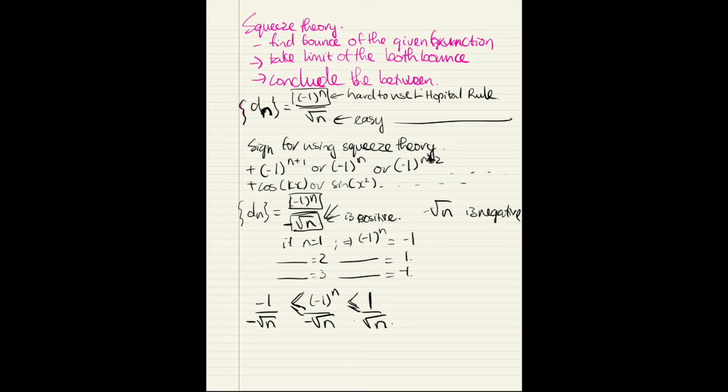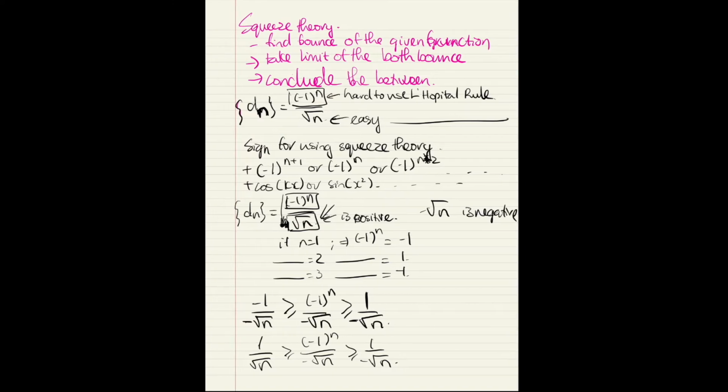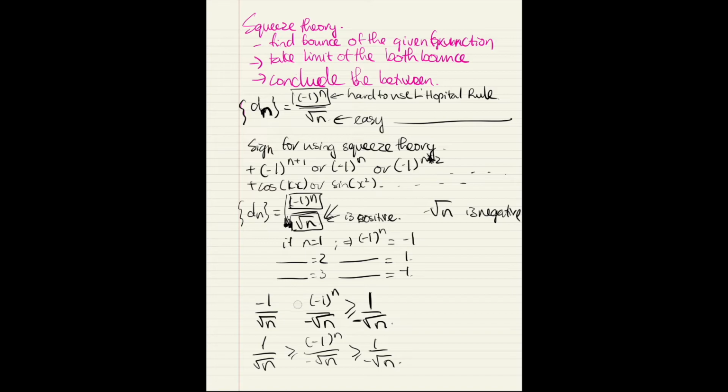What I mean is, when you divide by negative square root of n, we're going to flip the inequality. But this is not the question we're looking for, since there is no negative sign. By that, we don't need to change the symbols.